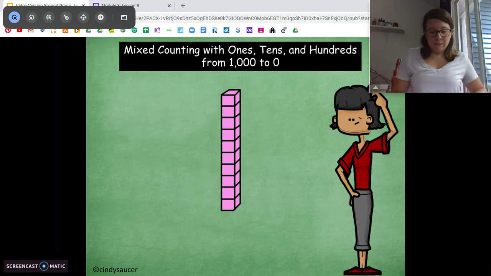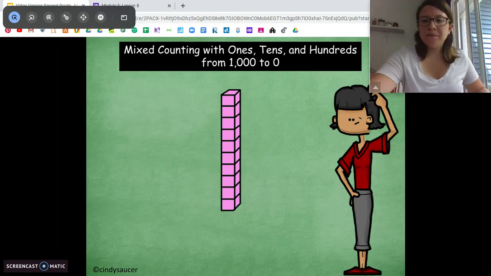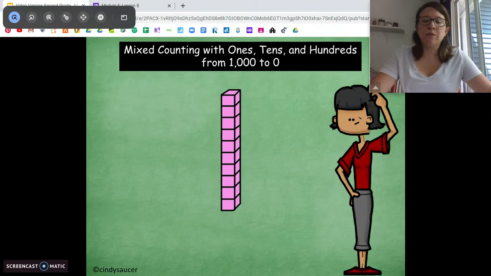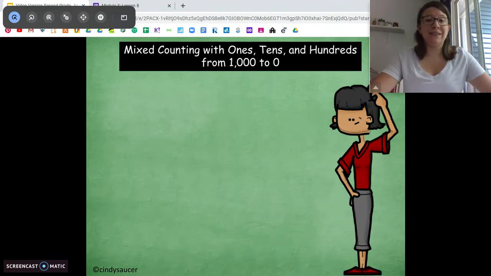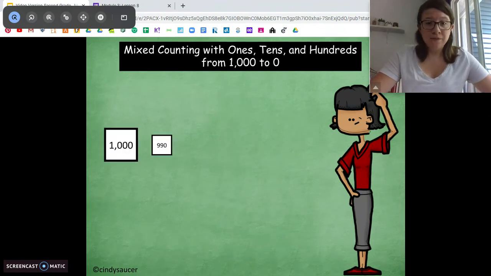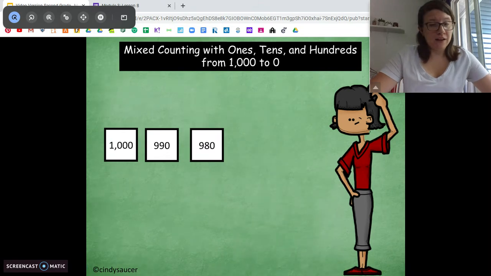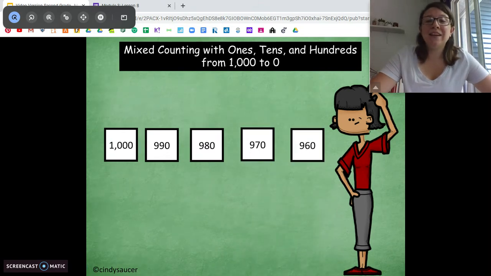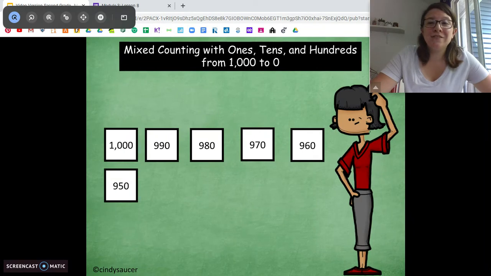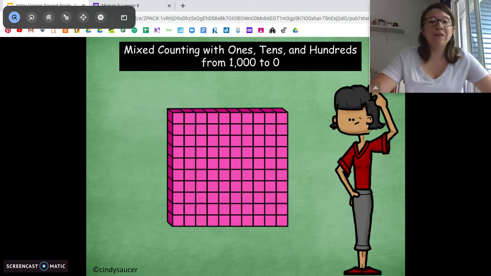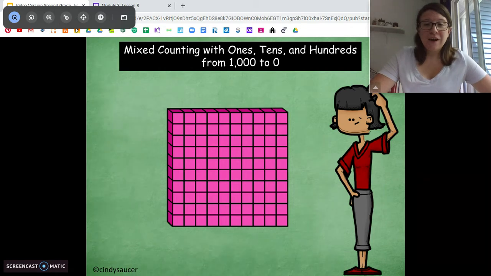So what are we going to start counting with first? Tens. Good. So we're going to start at 1,000, counting backwards by tens. 1,000, 990, 980, 970, 960, 950, 940. Oh, now what are we going to count by? Hundreds. Good.